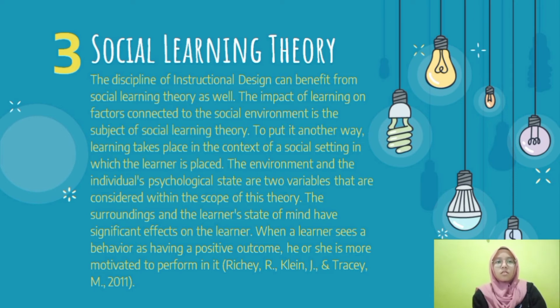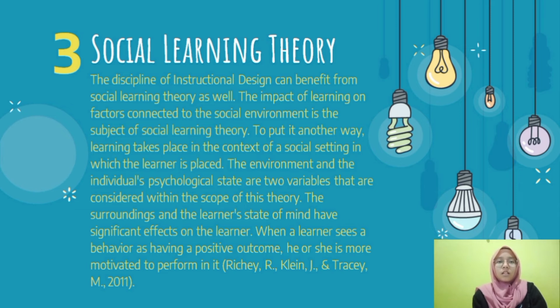Move to the third theory, which is social learning theory. The discipline of instructional design can benefit from social learning theory as well. Social learning theory is concerned with the impact of learning on factors connected to the social environment. To put it another way, learning takes place in the context of a social setting in which the learner is placed.